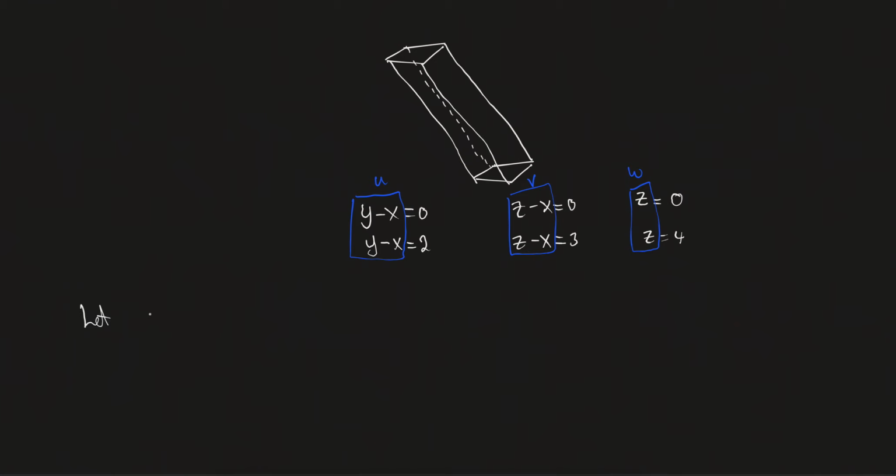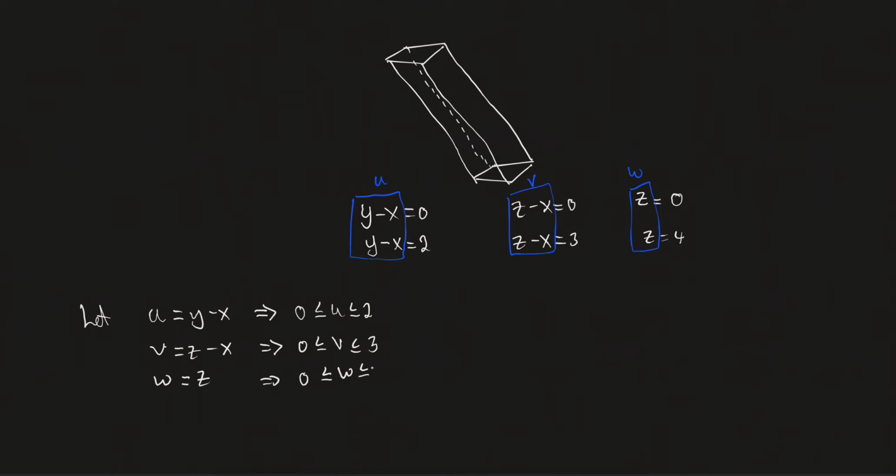We're going to let u be equal to y minus x, v be equal to z minus x, and w be equal to z. And what that gives me now is the limits in terms of u, v, and w, but as constants. This one tells me that u is between 0 and 2. This one tells me that v is between 0 and 3. And this one tells me that w is between 0 and 4.